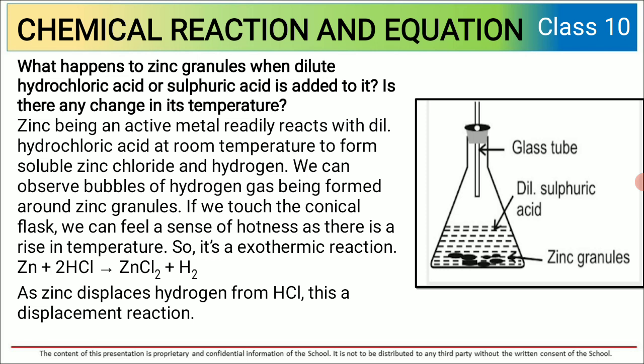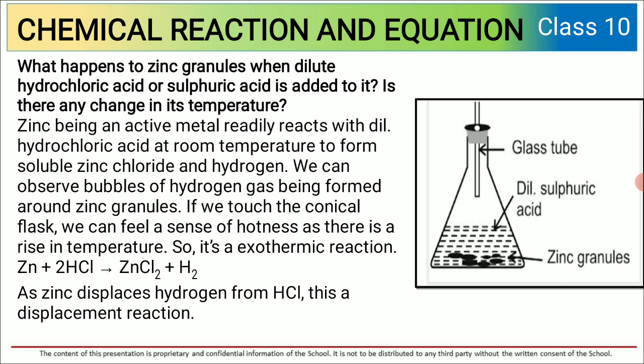So zinc, being an active metal, readily reacts with dilute hydrochloric acid at room temperature to form soluble zinc chloride and hydrogen. We can observe bubbles of hydrogen gas being formed around the zinc granules.